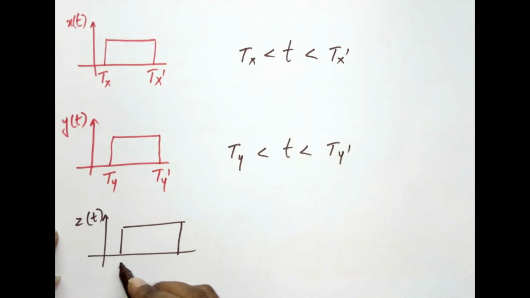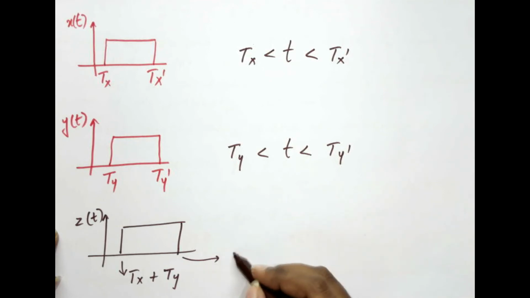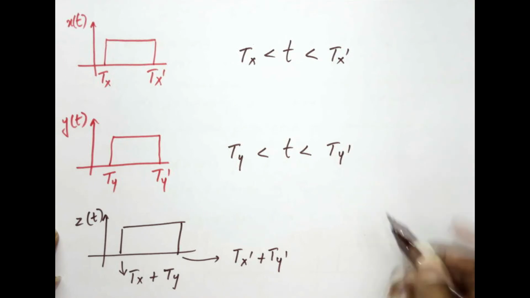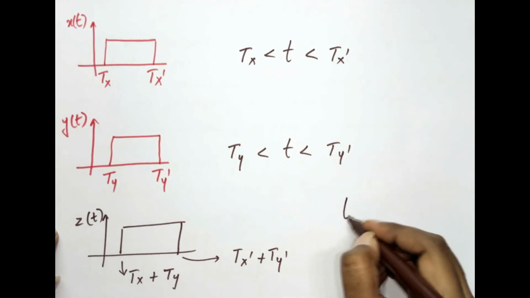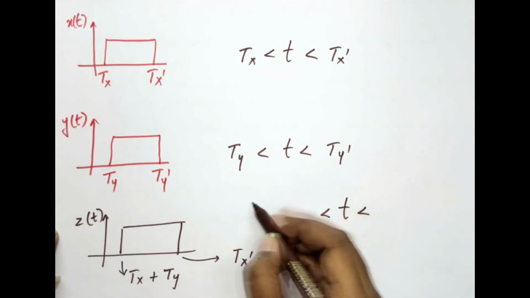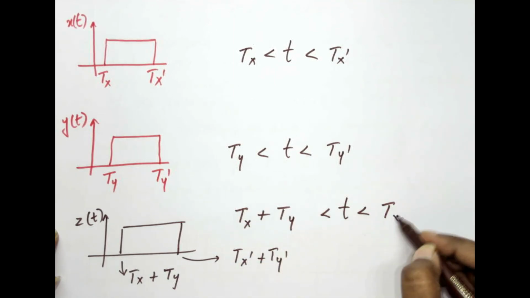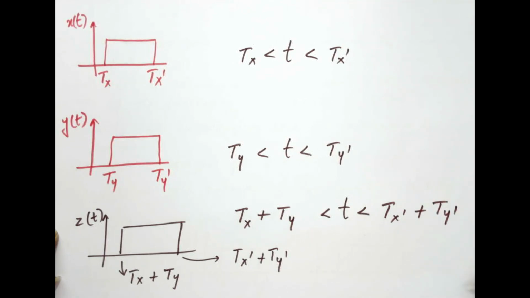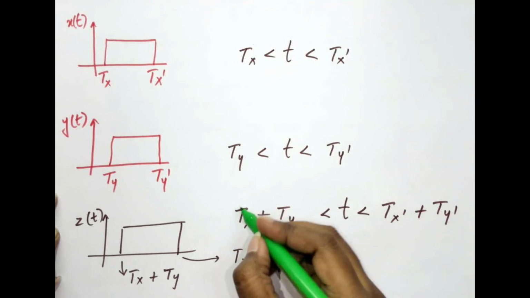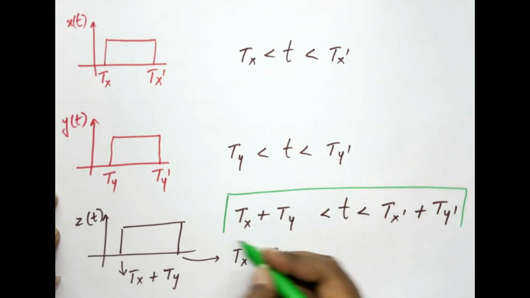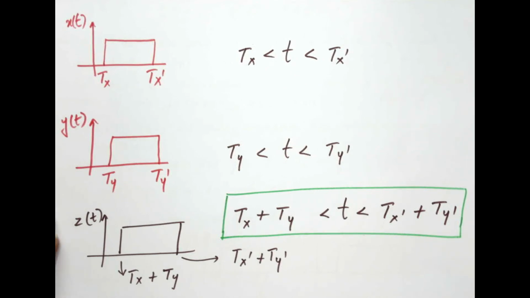That means the lower limit would be tx plus ty, and the upper limit would be tx dash plus ty dash, which means that the function is non-zero where t lies between tx plus ty and tx dash plus ty dash. This is our final expression for the convolution of both the functions.